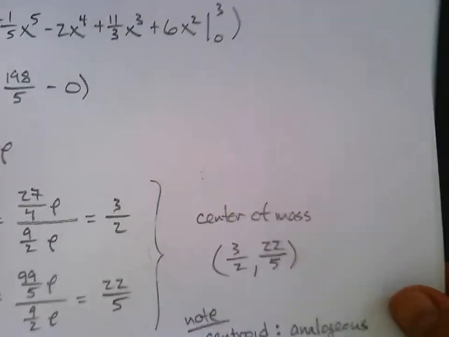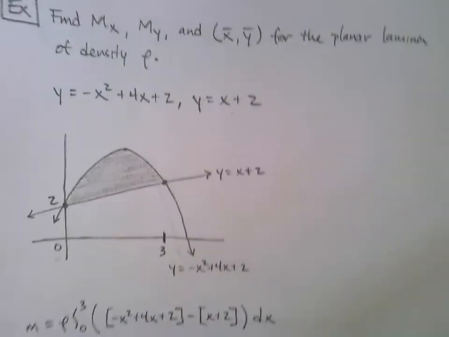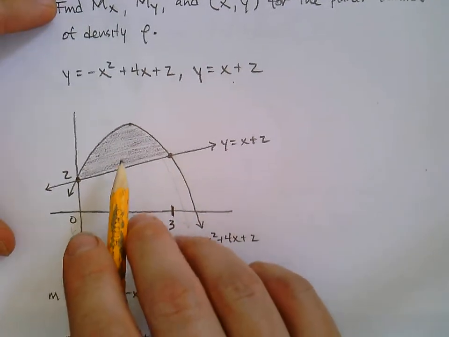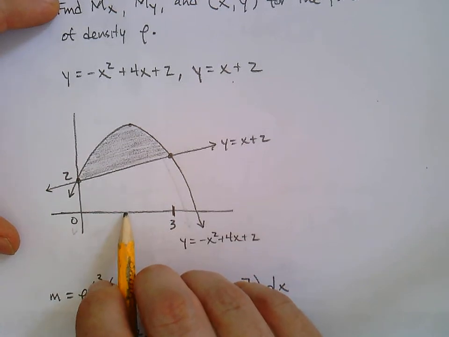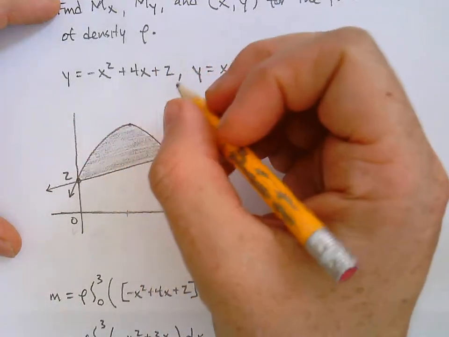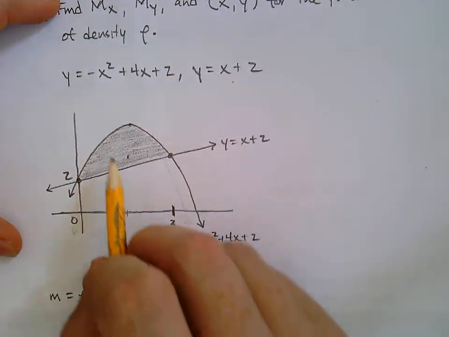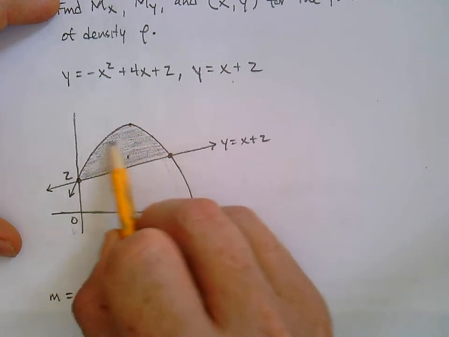If we go back to the drawing, 3 over 2, 22 over 5, it'd be kind of nice if we were in class together and we had Desmos up, but you can graph that one point. Well, 3 over 2 is actually exactly halfway, right? 22 over 5, I'm not exactly sure. I think it's a little bit closer to the bottom half, right? There's more mass down here than there is up there.